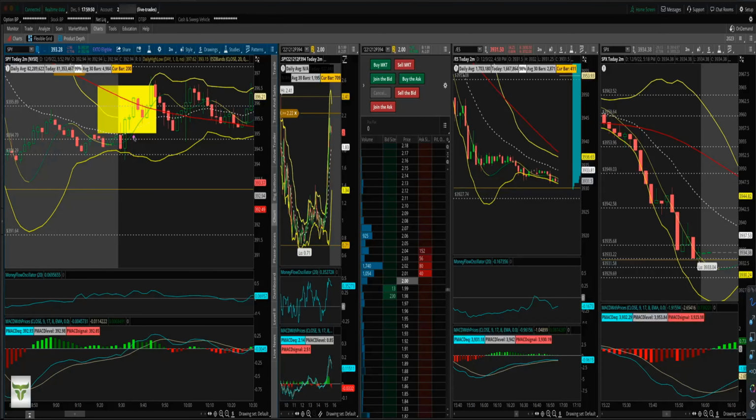If the stock, ETF, security, whatever opens up under the box, we are looking at taking a short position. If it opens above the box, we are looking at going long, right? So that's why we draw the box, so we know what kind of position we're going to be taking. All right, so that's the box.